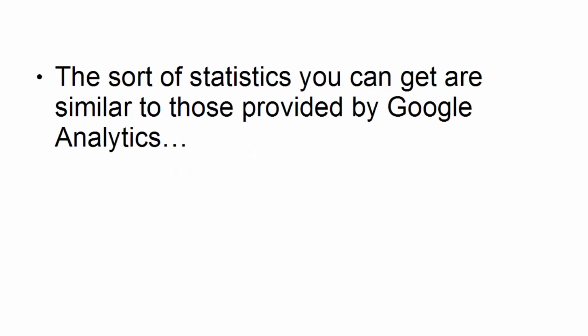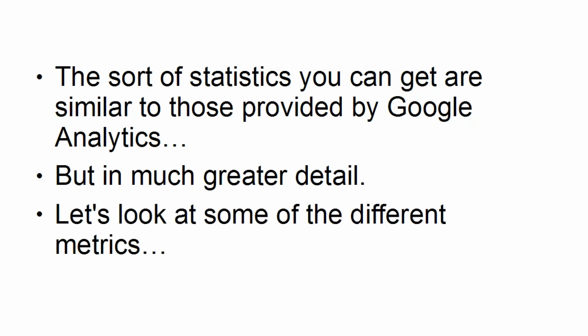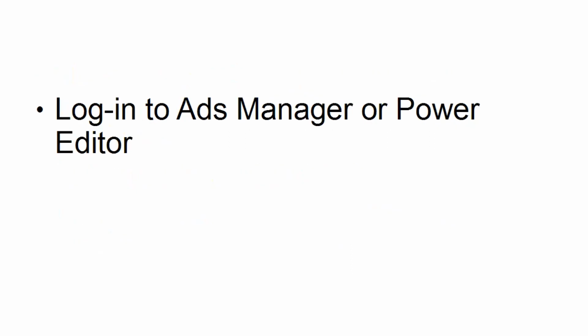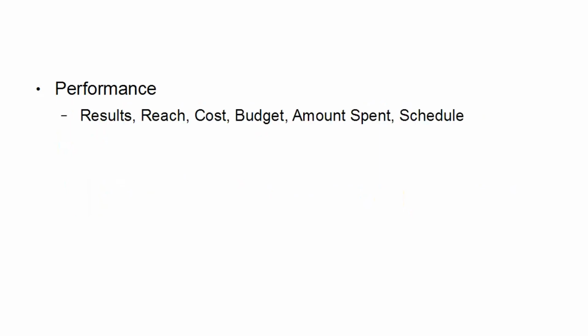The sort of statistics you can get are similar to those provided by Google Analytics, but in much greater detail. Let's look at some of the different metrics. First of all, you'll want to log into Ads Manager or Power Editor. You'll be able to access a number of different statistics. First of all, there's the performance, and this is the results, reach, cost, budget, amount spent, and schedule.